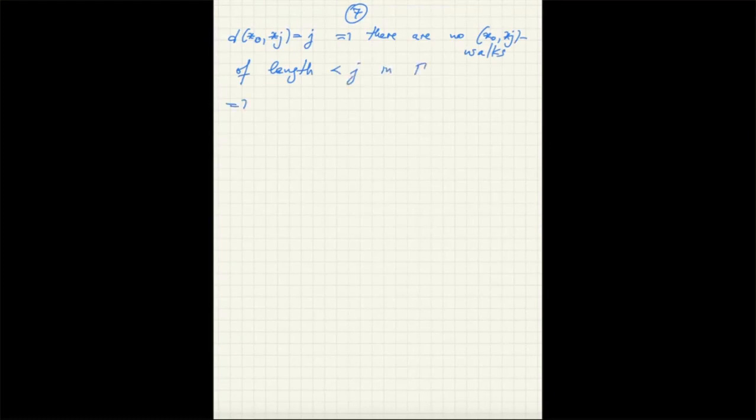And that means that if I take A and raise it to the power L, for some L strictly less than j, and look at the entry X0, Xj, that is going to be 0 for any L less than j.